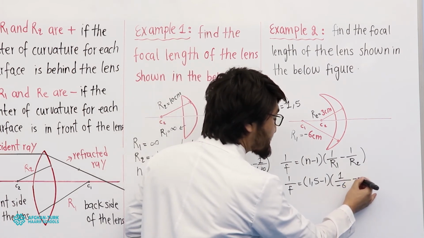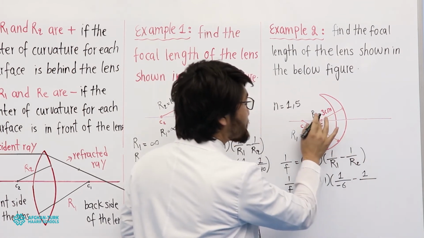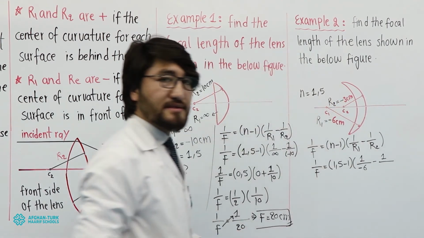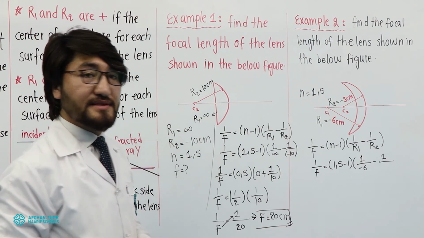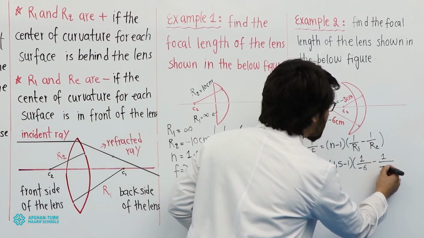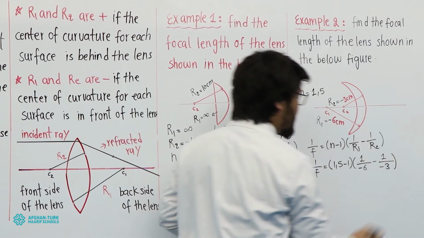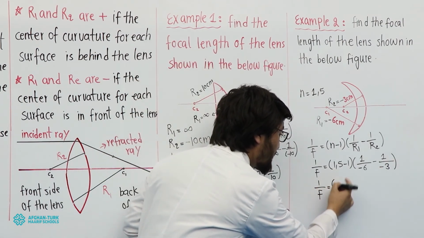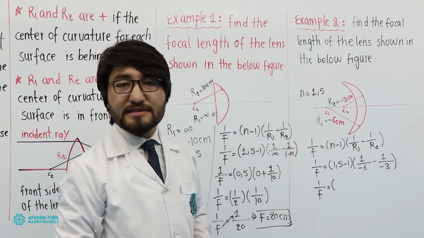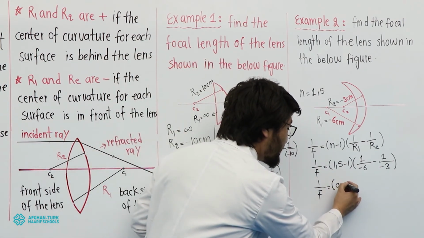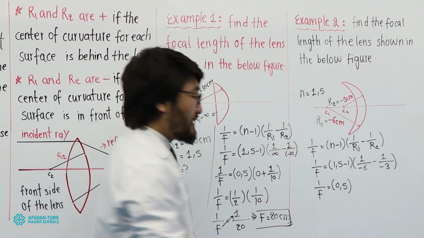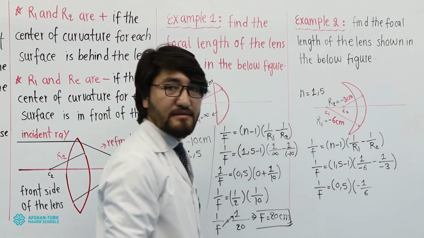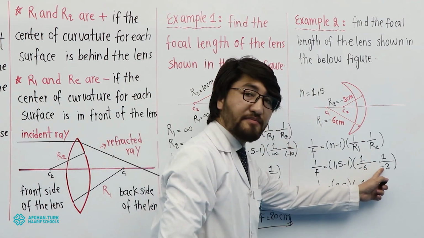R2 also should be minus. Why? Because it is in front of the lens. So minus 1 over minus 3. 1 over f is equal to 1.5 minus 1, which is 0.5, and here we have minus 1 over 6.